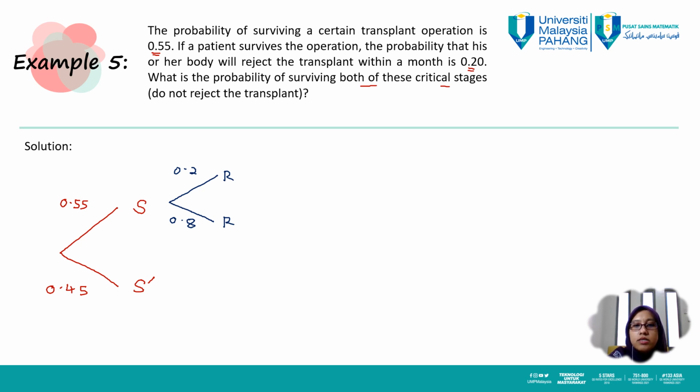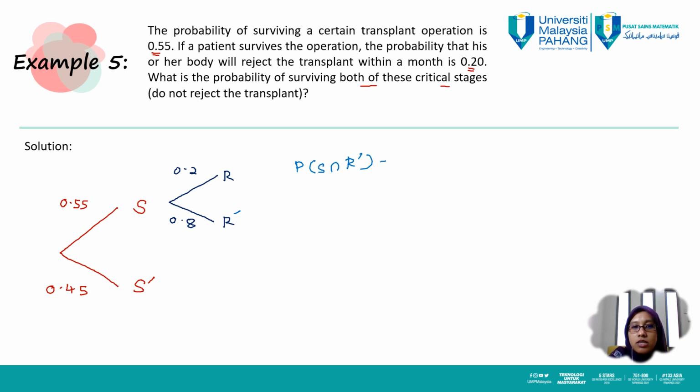That means the question asks to find the probability of surviving and not rejecting the transplant. So we are going to find actually P(S intersect R prime). Okay, so this is R prime. Not reject is R prime.